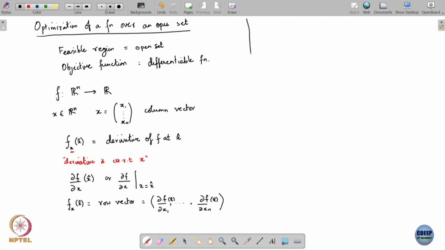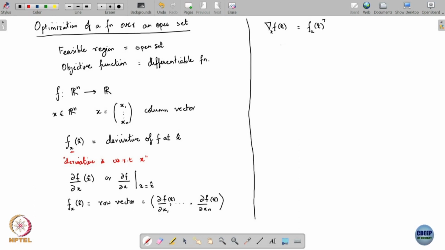There is a related quantity which is denoted in this sort of way, or to be more explicit about what we are differentiating with respect to, it is denoted this way, and that is simply the transpose of this derivative.